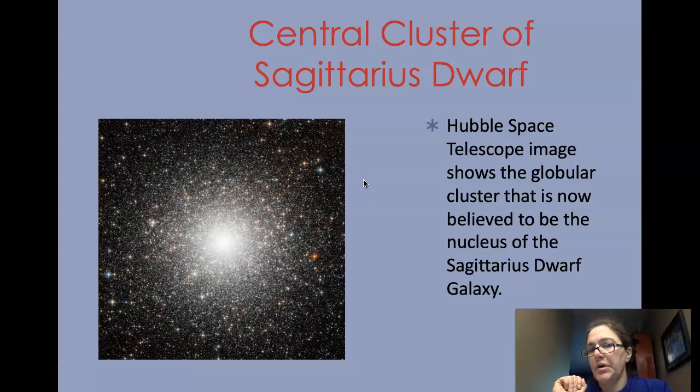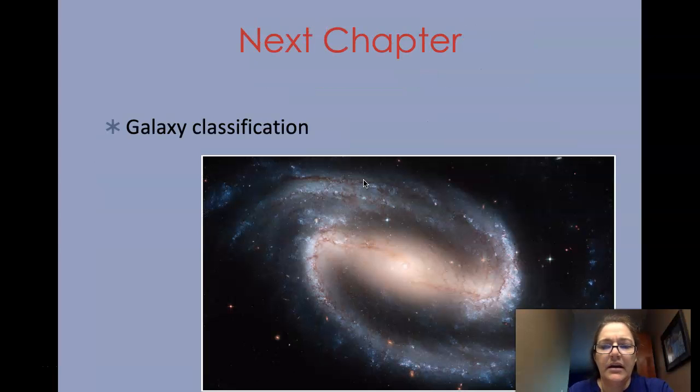So perhaps globular clusters combine to make galaxies. We're still really not sure about several things along in here, but it's very interesting to watch the changing understanding, and that is what science is.